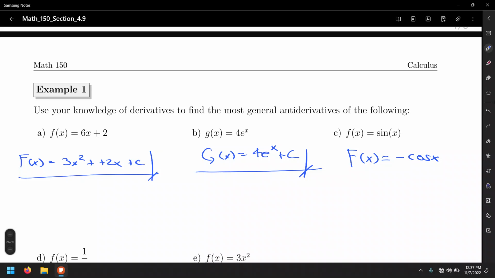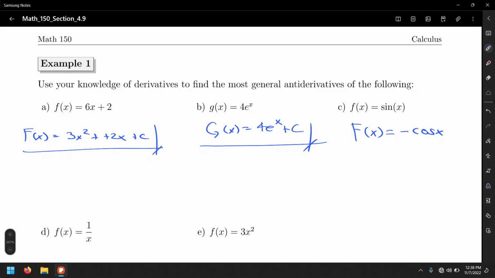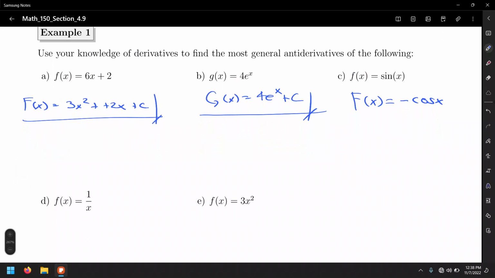Is this making sense so far? You guys following me here? Letter D. Let's find big F. What function has a derivative? Would it be negative cosine x plus c? Oh, yes. Thank you. Plus c. I forgot the c. Thanks.